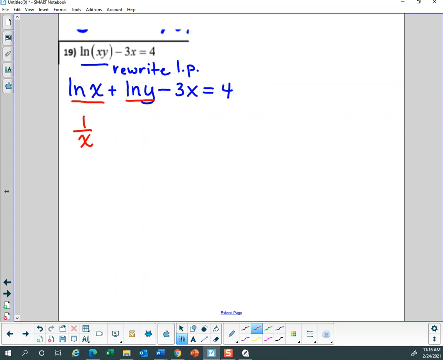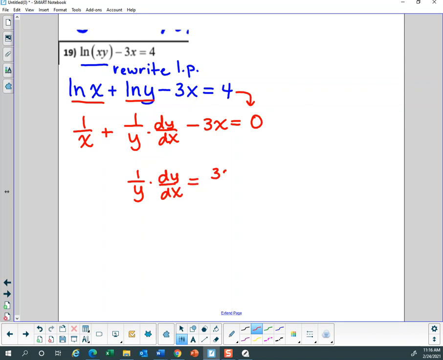Derivative of natural log of x is 1 over x. Derivative of natural log of y is 1 over y. Implicit to x means have the dy dx, minus 3x equals, don't forget, derivative of constant is 0. 1 over y times dy dx will equal 3x minus 1 over x.